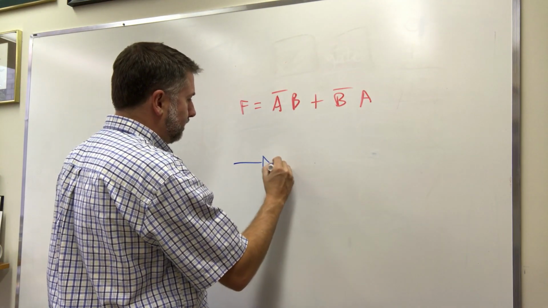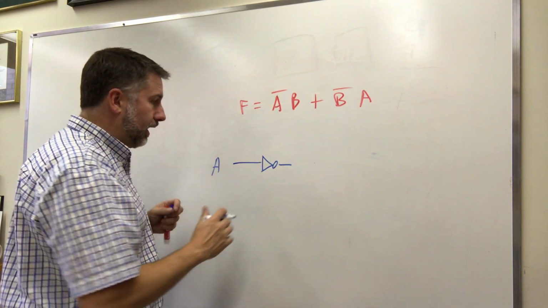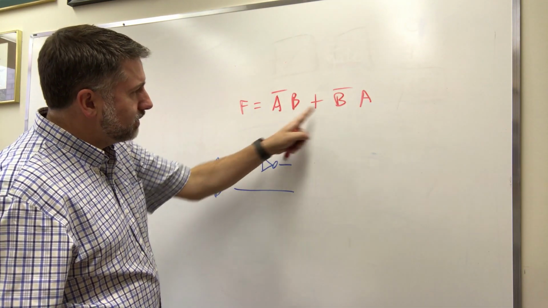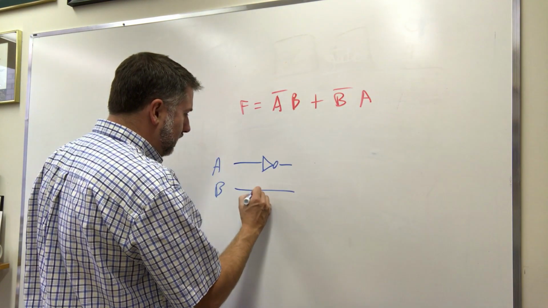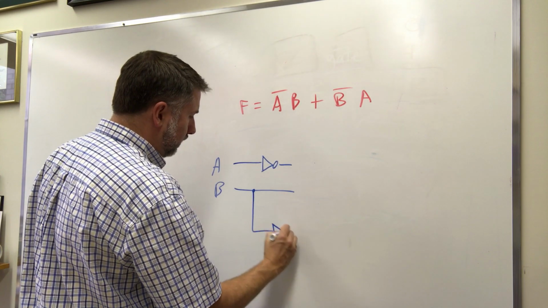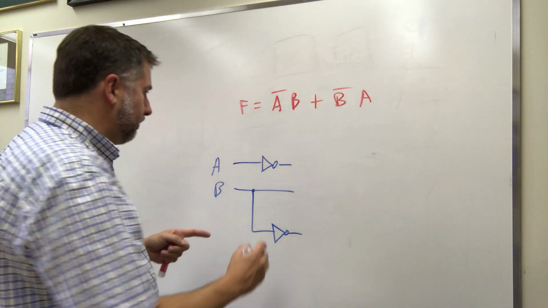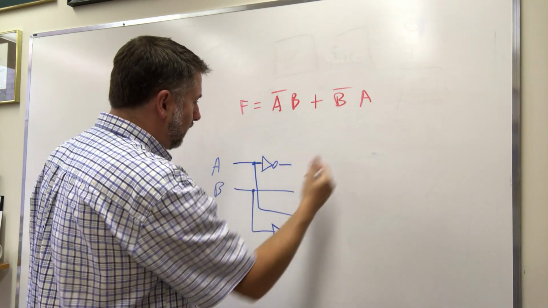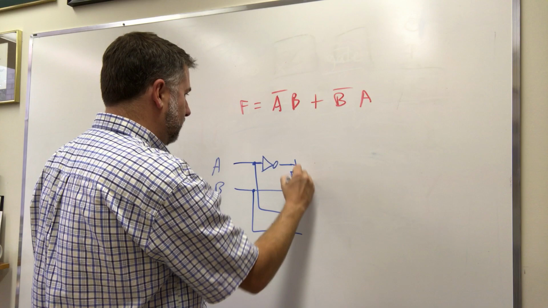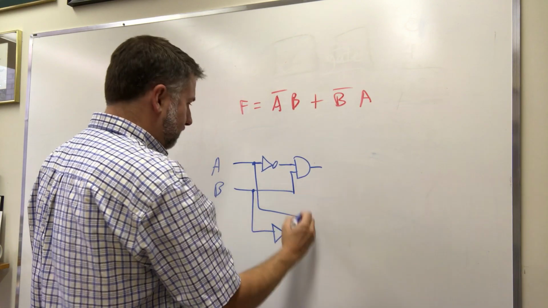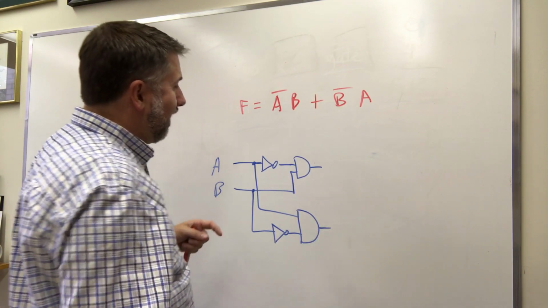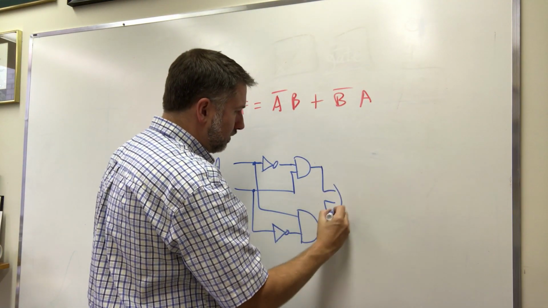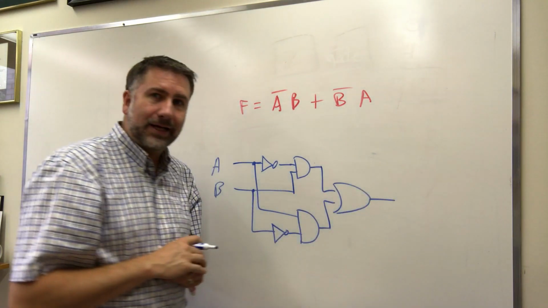Here's A, we invert A, and then B happens to come along here. And then this is the same B as this. So we want to take that B and invert it here. And then we want to take the same A before we invert and put that there. Both of these are AND gates. So A prime B is ANDed together like that, B prime A is ANDed together like that. And finally, we take these results and we OR them together. And that's our final circuit.